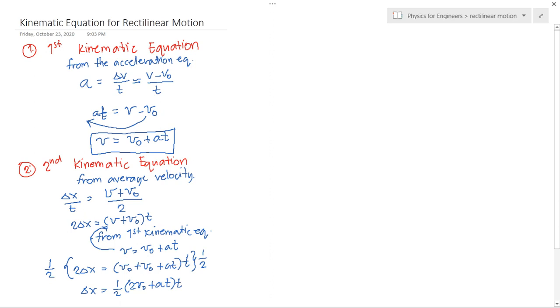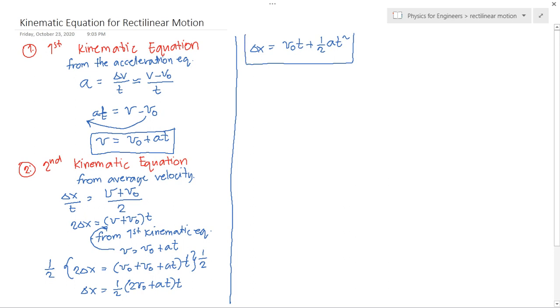Then distribute 1/2 and t. So we now have delta x is equals to v naught t plus 1/2 a t squared. So ito lang pala yung second na kinematic equation.